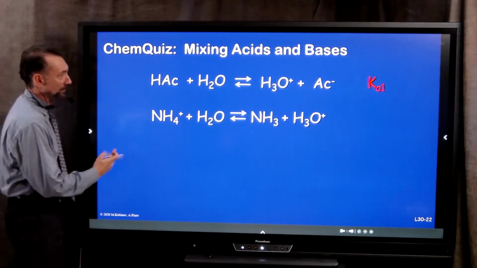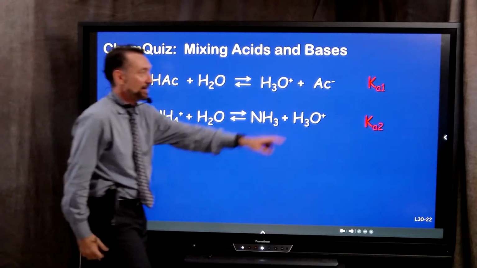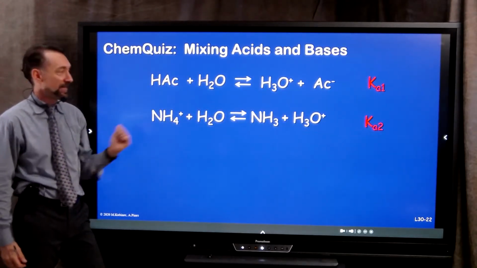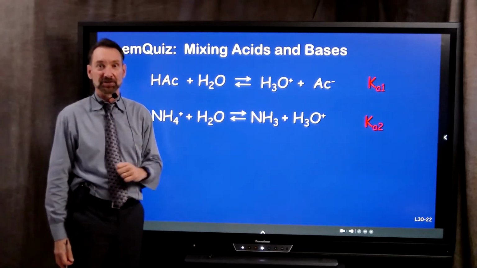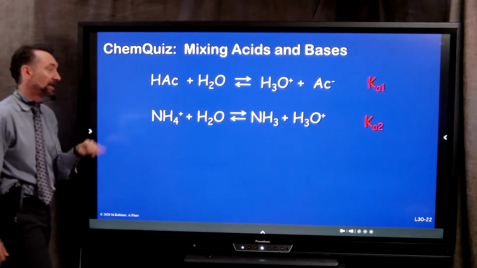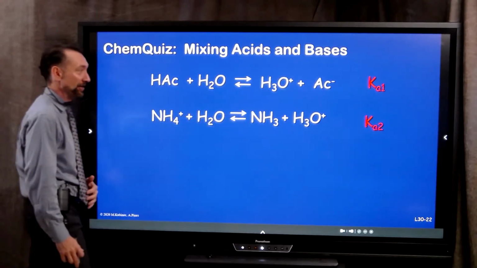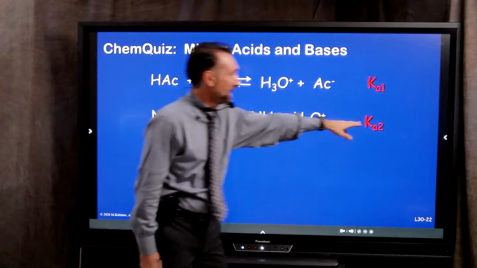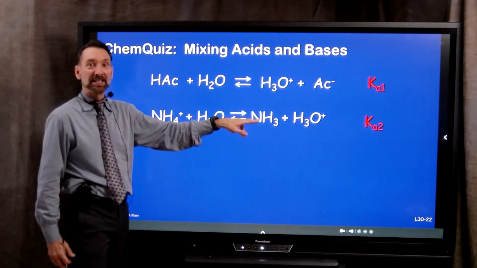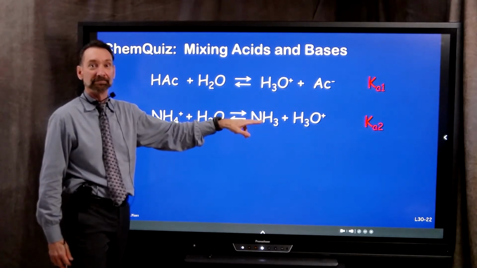This equilibrium is the K for NH4 plus. That's the conjugate acid of NH3. So I can put the conjugate acid expression here, and I can get this K because Ka's times Kb's are 10 to the minus 14.